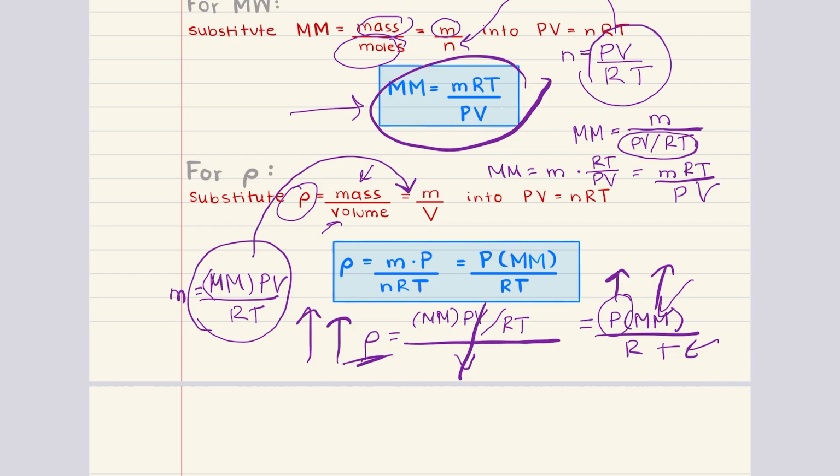If temperature increases, then density is going to decrease. So this demonstrates the three relationships that we can extract from this equation. Density is directly proportional to pressure, density is directly proportional to molar mass, and density is inversely proportional to temperature.